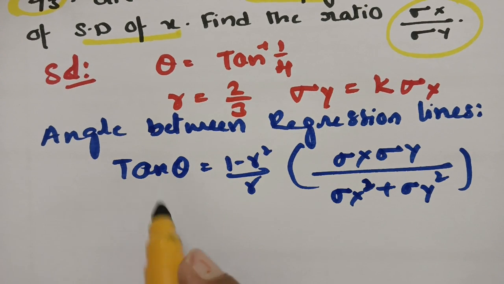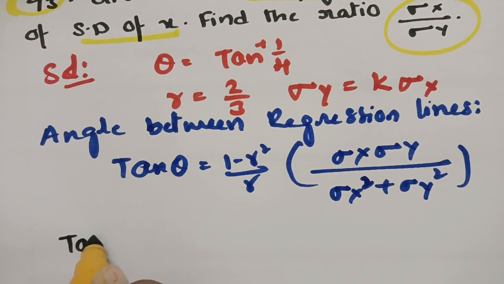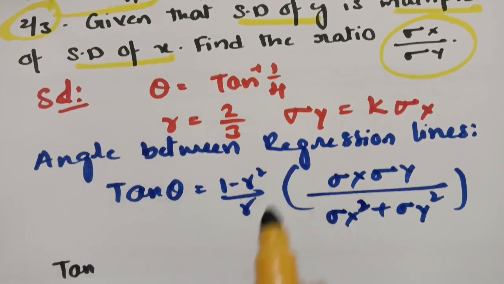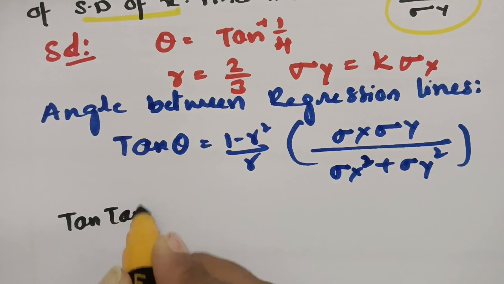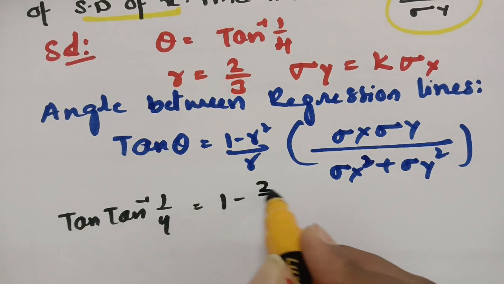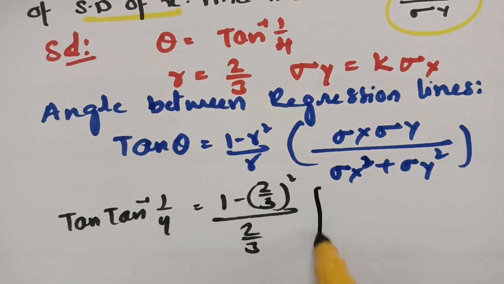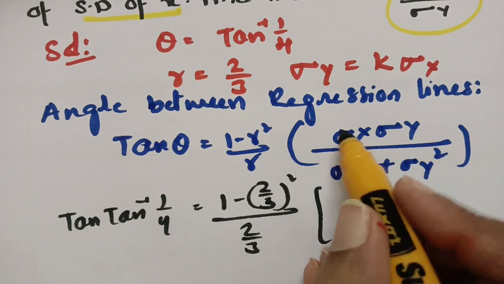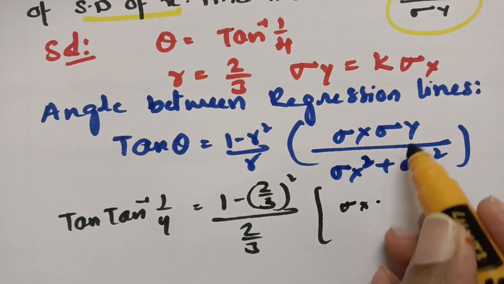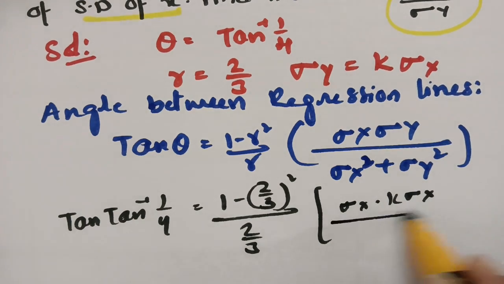What is tan theta? Theta is equal to tan inverse of 1 by 4, so tan theta is 1 by 4. What is r value here? r is equal to 2 by 3, so (1 minus 2 by 3 whole square) by 2 by 3, and here sigma x as it is, and sigma y is a multiple of sigma x.